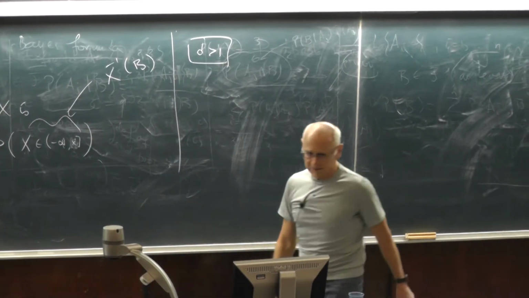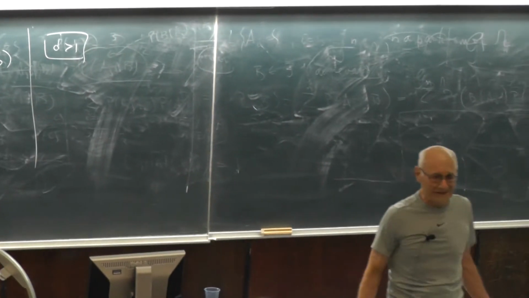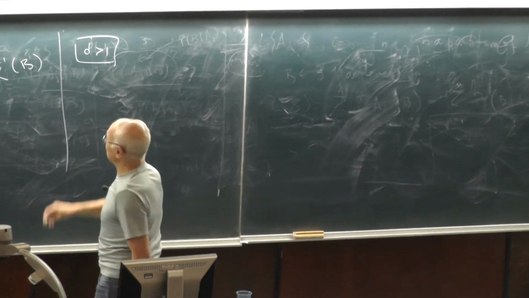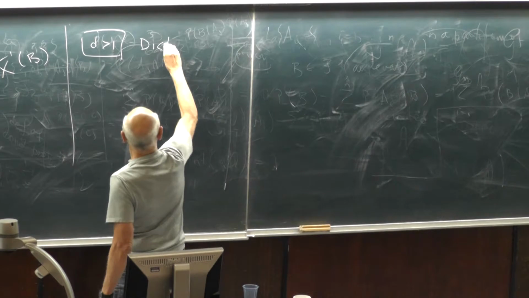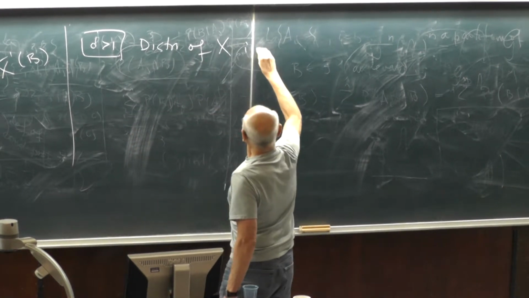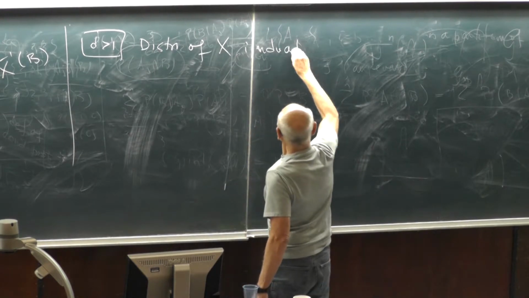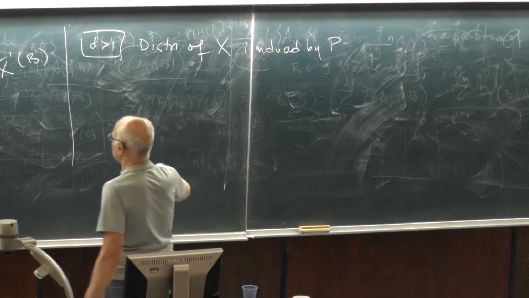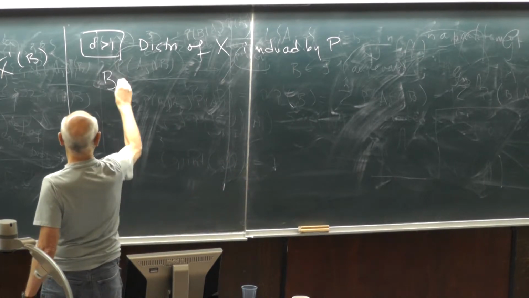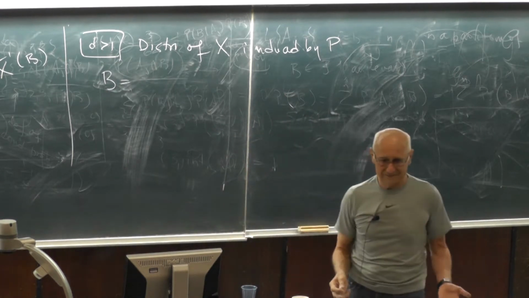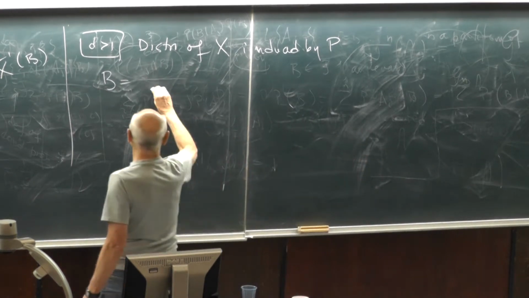All right, another special case: d strictly larger than 1, and you know right now where I'm heading, right? The same thing, we are going to have the distribution of x induced by P. And the event I'm going to consider, B, is a product of rectangles on the real line.